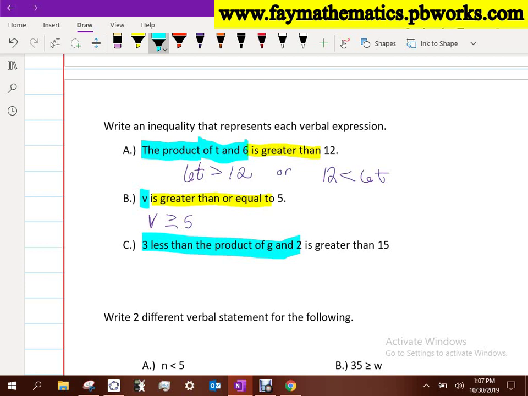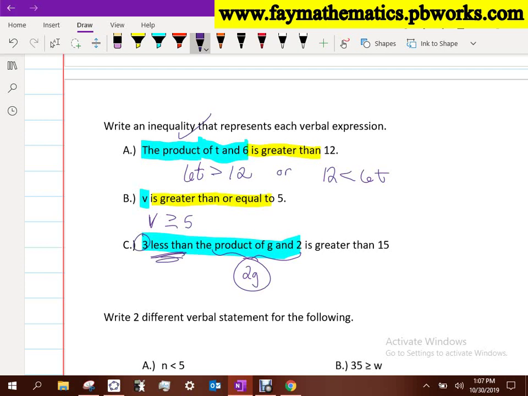So here might be where we see a phrase that gets shared. Less than in this situation means what? Yes, subtraction. Okay. So the product means multiply, right? So the product of G and 2, like we did up here in part A, becomes 2G, right? We got 2G and we got 3.